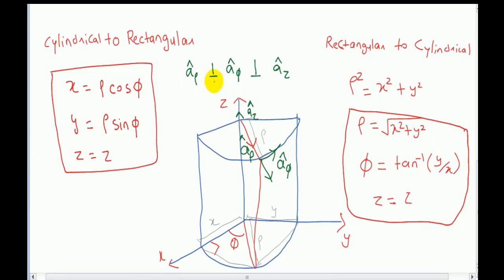So their dot products like A rho cap dot A phi cap or A phi cap dot Az cap or Az cap dot A phi cap will be 0 and A rho cap dot A rho cap will be 1. Similarly we can do this as in the case of rectangular coordinate system.